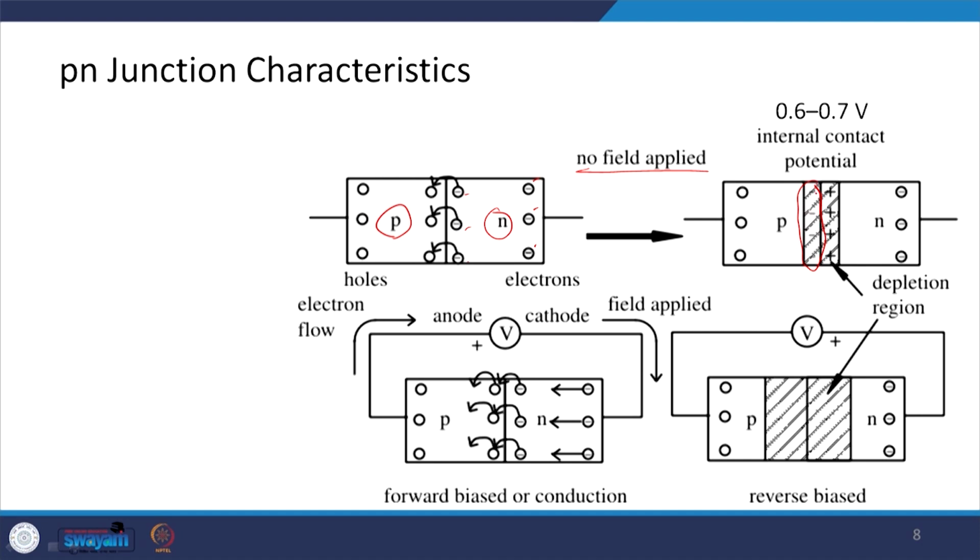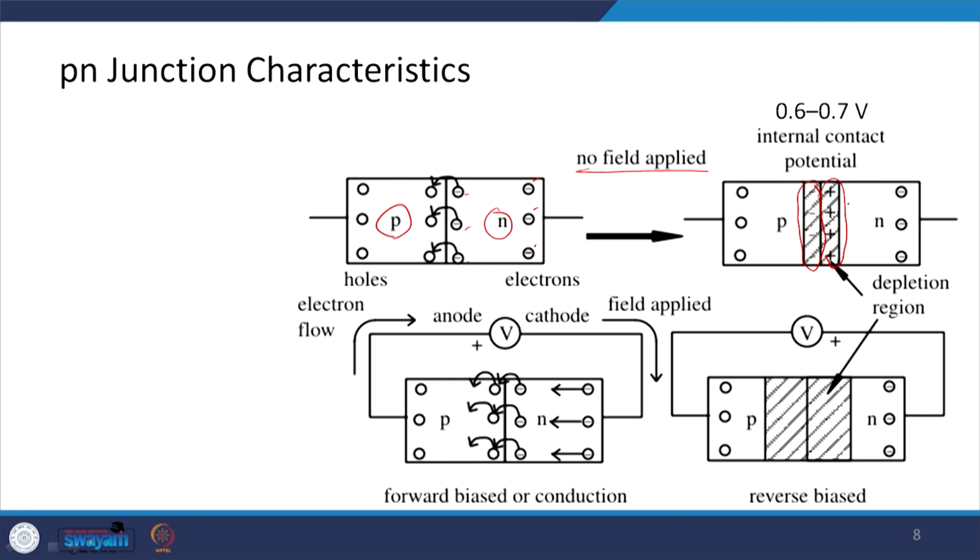Similarly, some of the holes jump from the p side to the n side, as you can see over here. And there is an internal contact potential of around 0.6 to 0.7 volt that is formed.